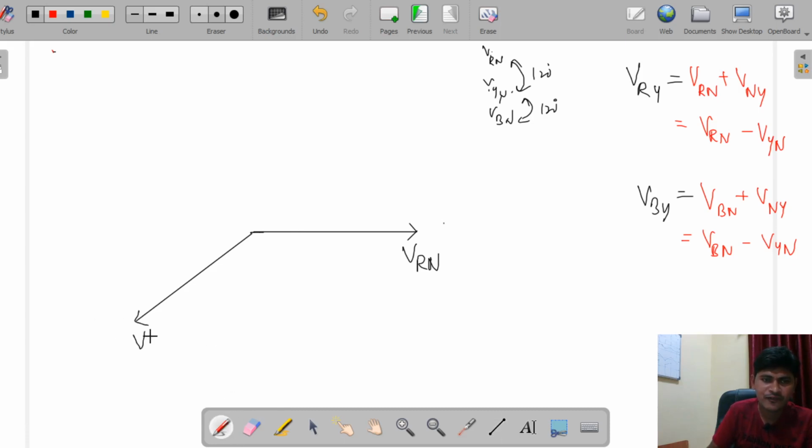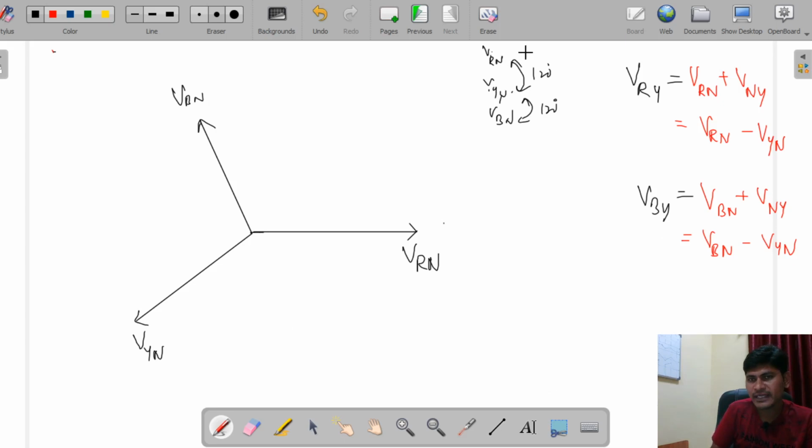This is phasor VYN. Now let me draw phasor VBN. This is VBN.